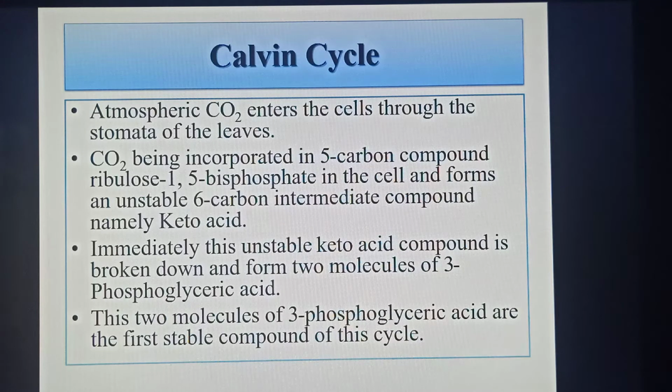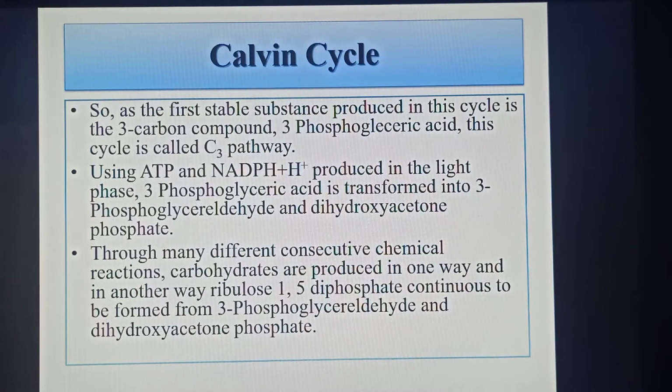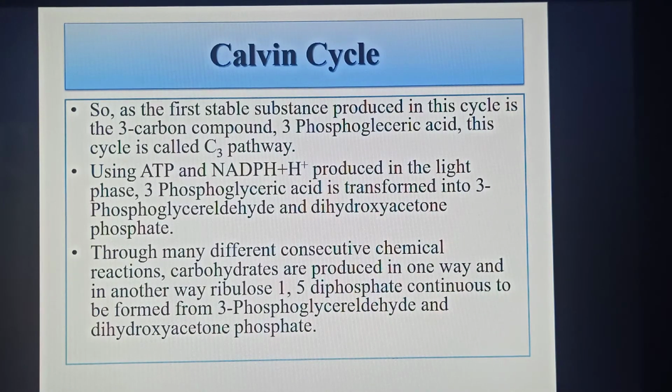Because the keto acid is unstable, it immediately breaks down and forms 2 molecules of 3-phosphoglyceric acid. These 2 molecules are the first stable compound of the Calvin cycle. As the first stable substance produced in this cycle is the 3-carbon compound 3-phosphoglyceric acid, this cycle is called the C3 pathway.